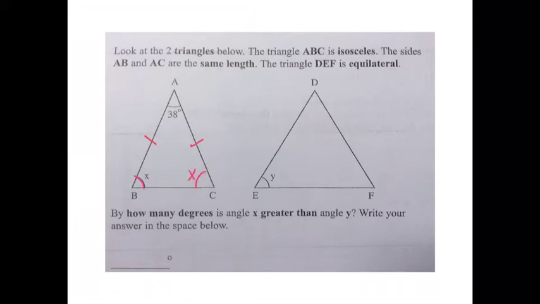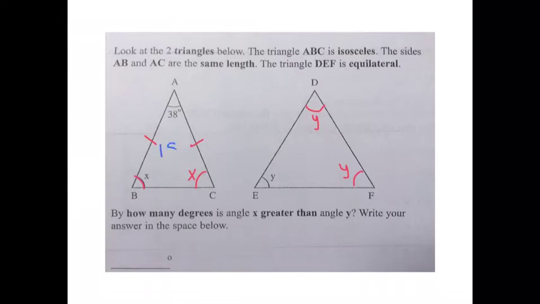And the triangle DEF is an equilateral, meaning all the angles are going to be the same size, so they're all the same size as Y. How many degrees is angle X greater than Y? So we've got to work out the size of angle X and Y and find out the difference.